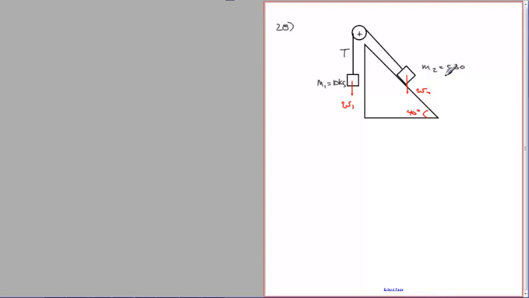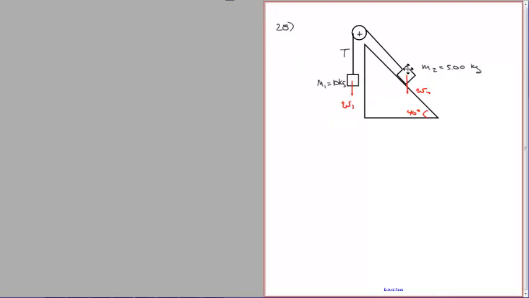Find the acceleration of the 5 kilogram crate and the tension in the string. It turns out the acceleration of the 5 kilogram crate will be the same as the 10 kilogram crate, at least in terms of magnitude, because they're hooked together, so they have to match up.